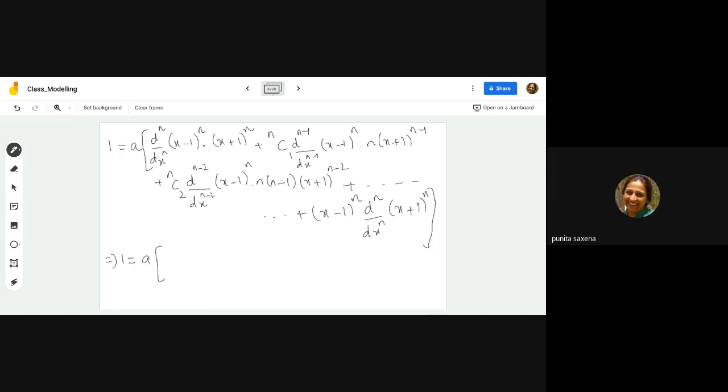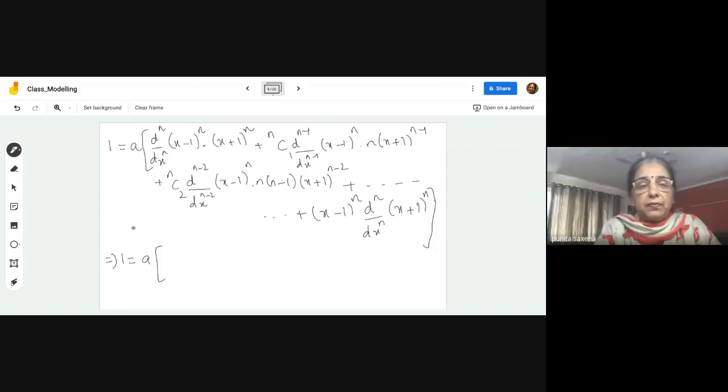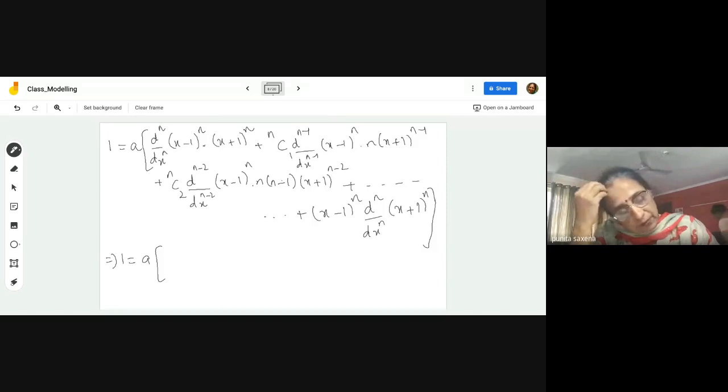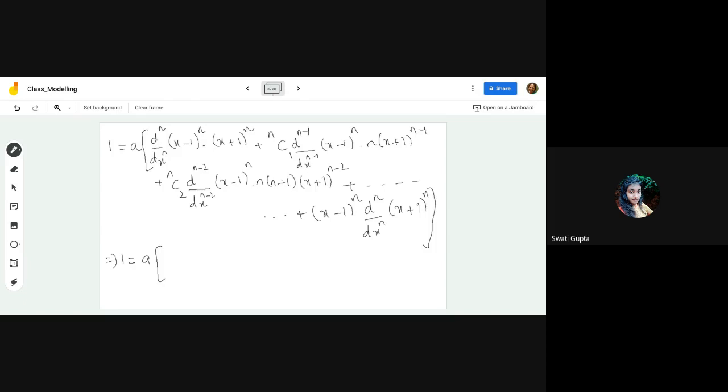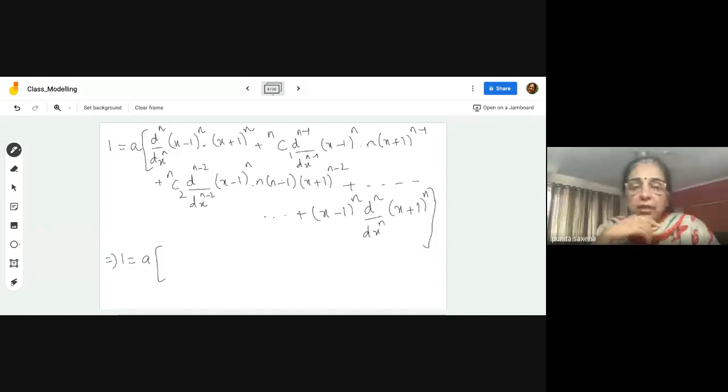What is the nth derivative of x to the power n? What is the second derivative of x square? 2. What is the third derivative of x cube?